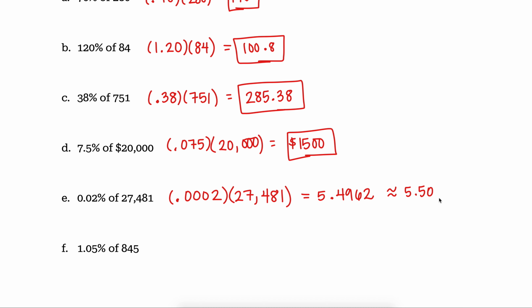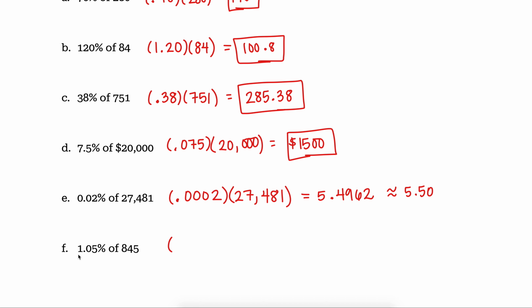And in your homework, it will tell you when and if to round. And if it doesn't want you to round, it will tell you to how many places. So the last one of these is 1.05% of 845. So again, turn this percentage into its decimal form.